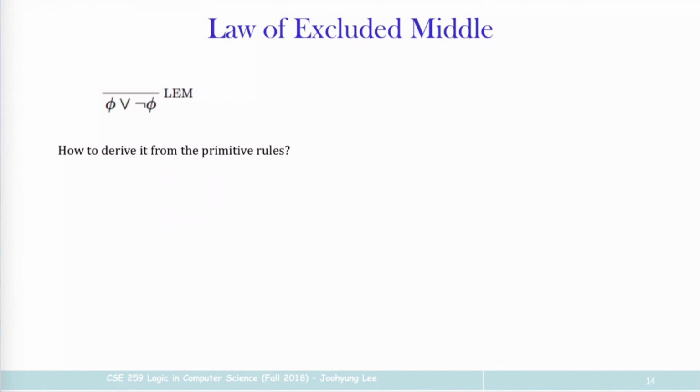You don't need to refer to the formulas that you established. You just need to write phi or not phi. Now, some of the problems that you are going to do in the homework will be useful to use this derived law of excluded middle. Okay.